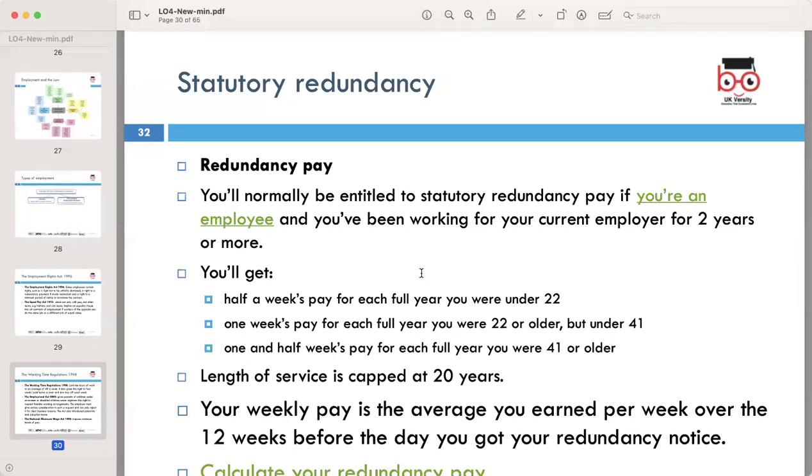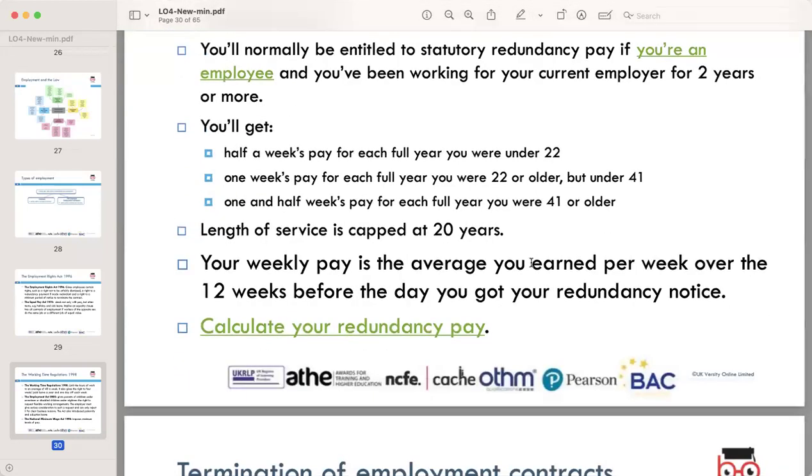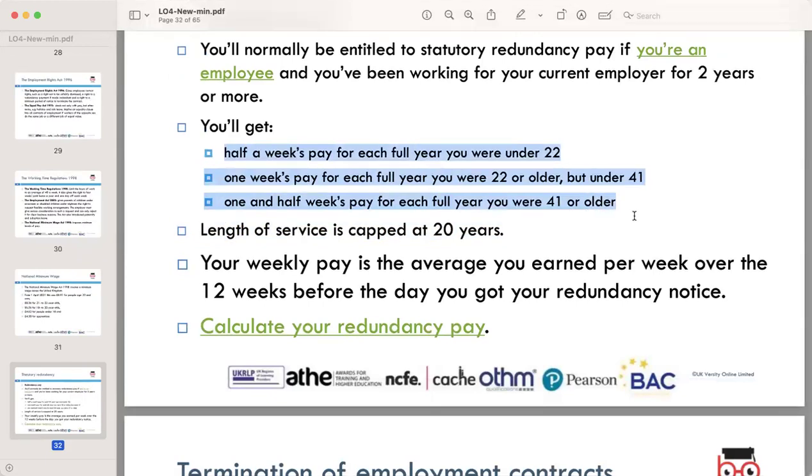The amount is calculated based on the following criteria: half a week's pay for each full year under the age of 22, 1 week's pay for each full year aged 22 or older but under 41, and 1.5 weeks' pay for each full year aged 41 or older.